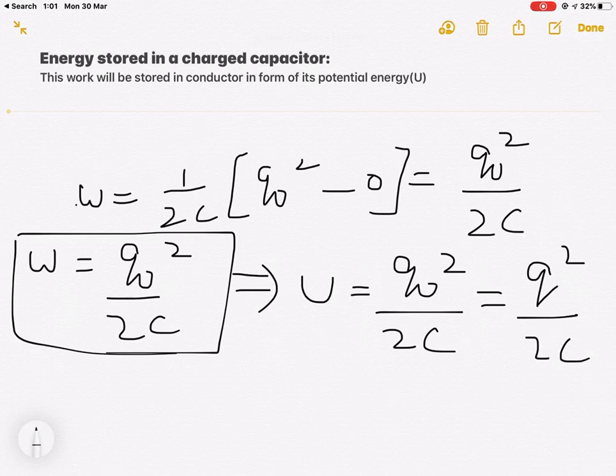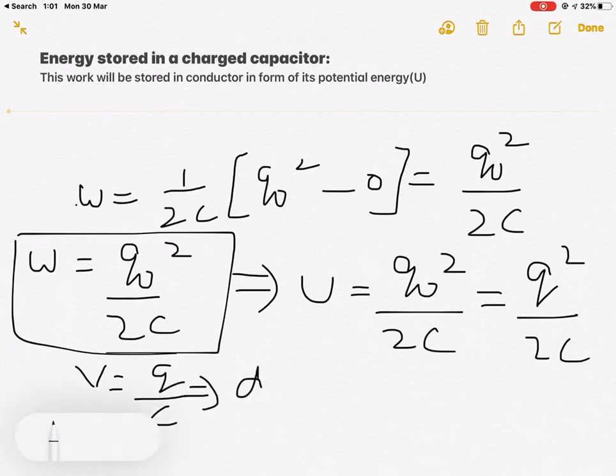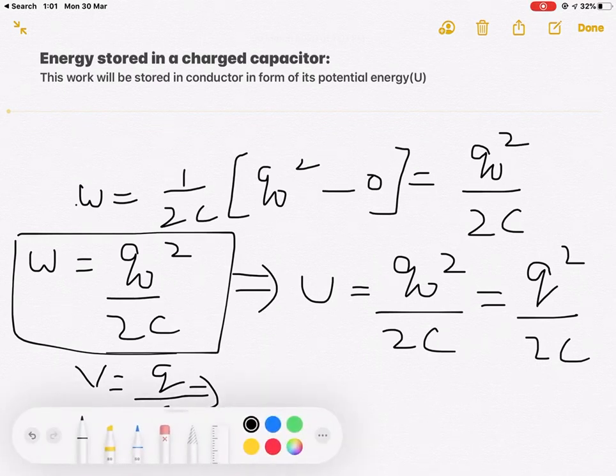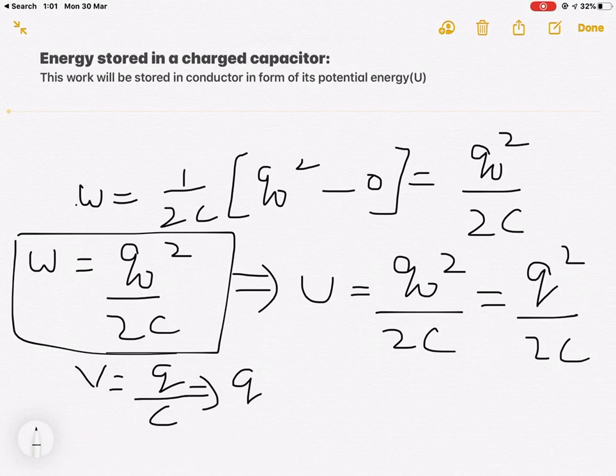Now this formula can be written in a number of forms, like if you substitute the value of Q. We know that V is equal to Q over C. From here Q will be equal to VC.